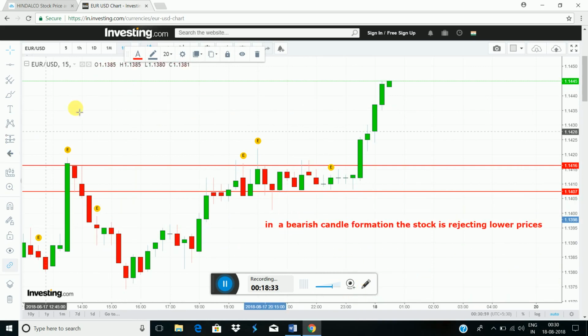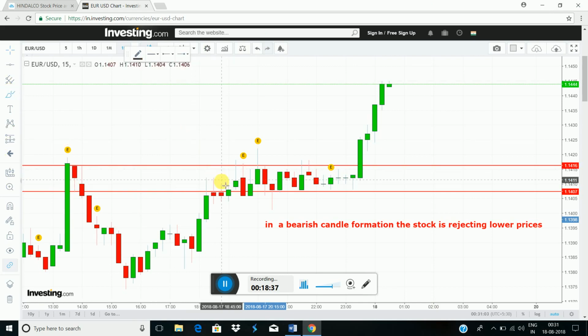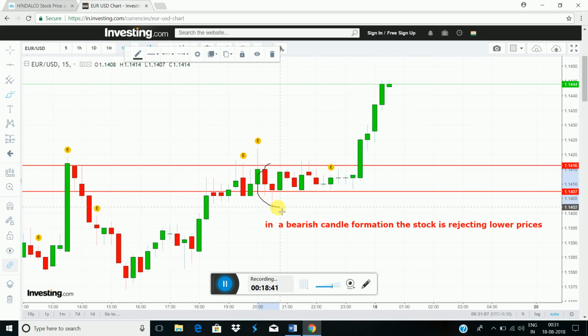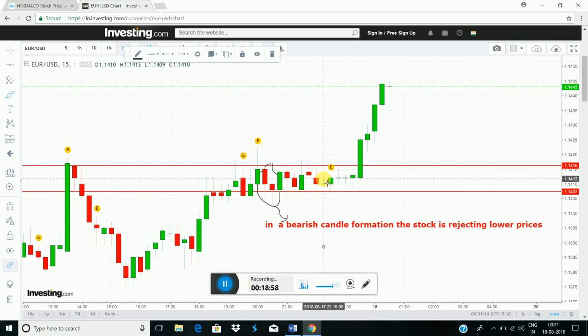In these two candles, I'll highlight that for you. What these two candles show us is that in a bearish candle formation, the stock is rejecting lower prices.